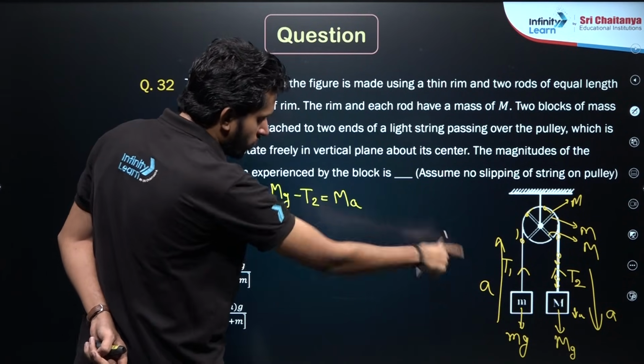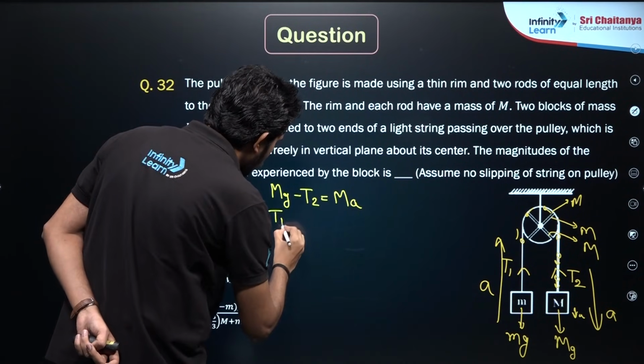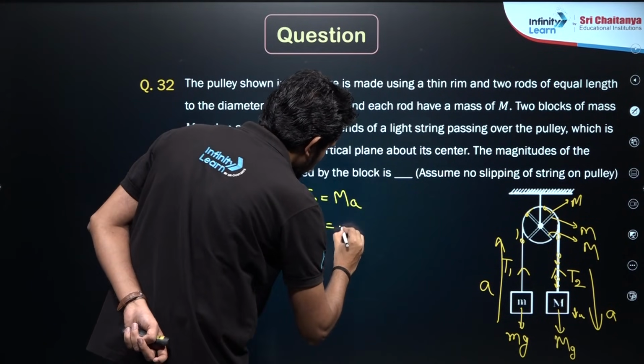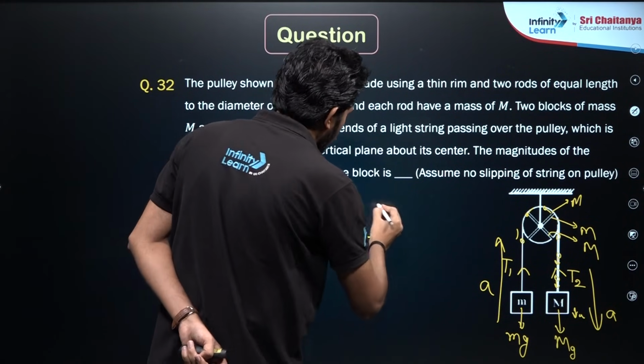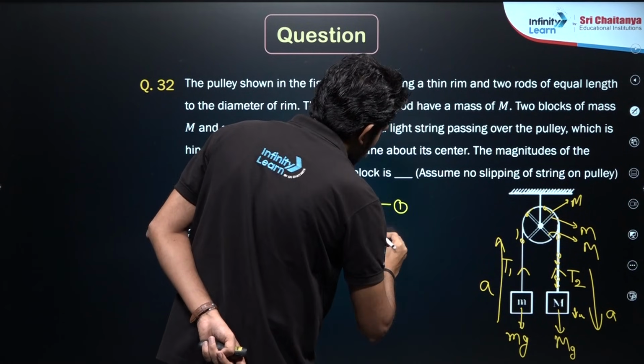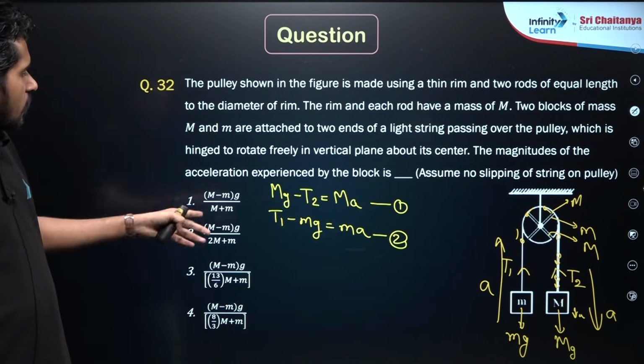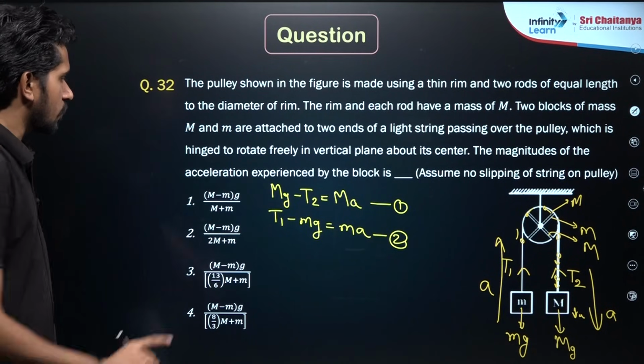T1 minus mg equals ma, equation number 2. Let's add these equations.